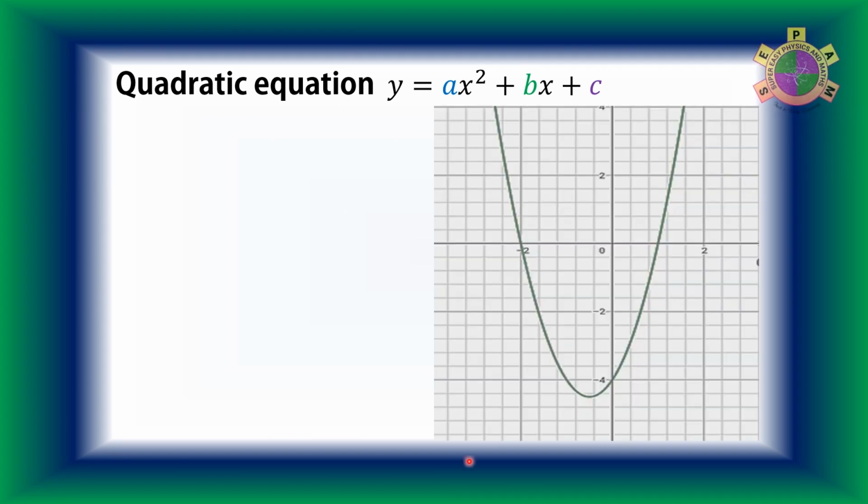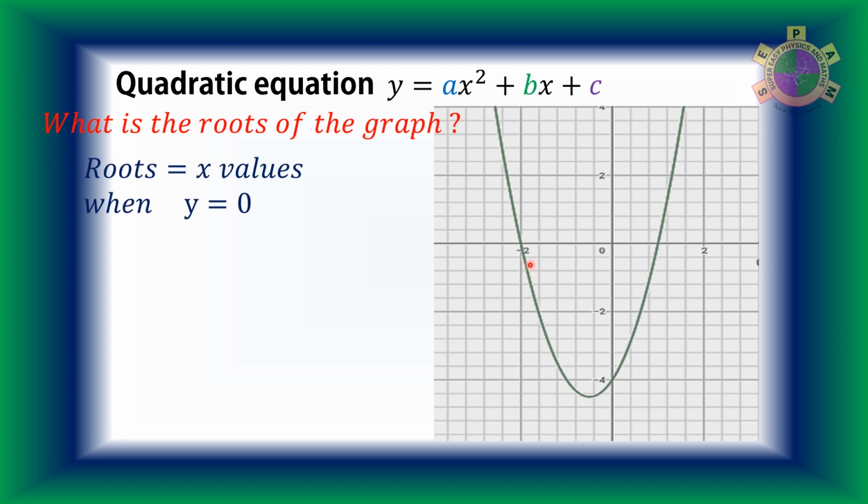So let's see what the root of this quadratic graph is. The root is the point where the value of y is equal to 0. So the value of y is equal to 0 when the curve cuts the x-axis.